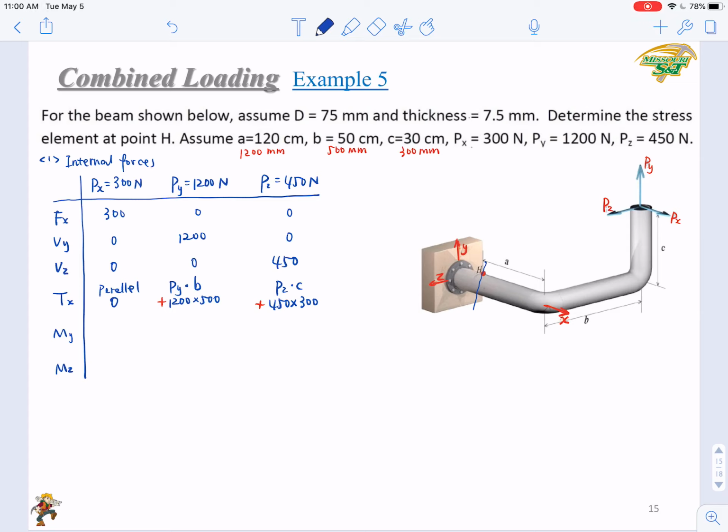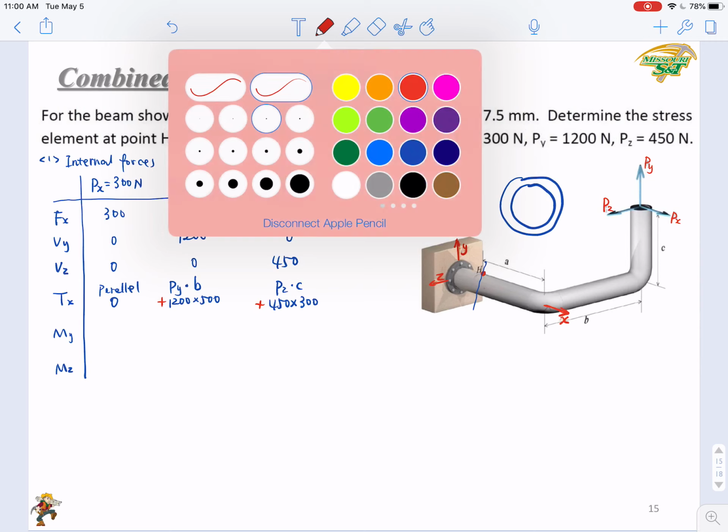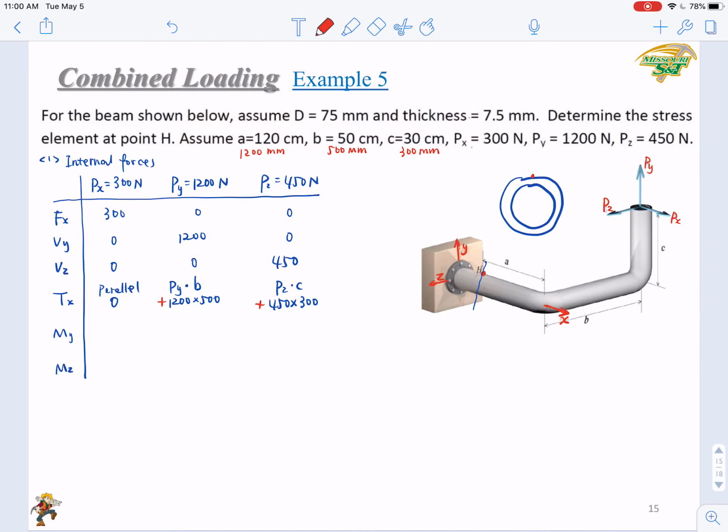So let's draw the cross section at point H here. The cross section is a circle, and your point H is on the top, and your y-axis is here, z-axis is here, right?